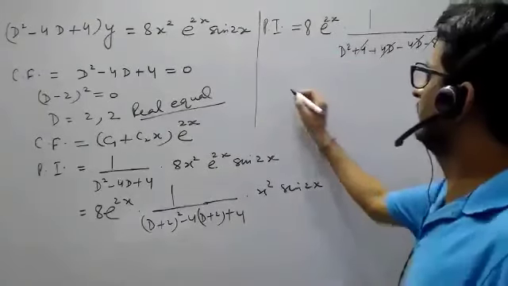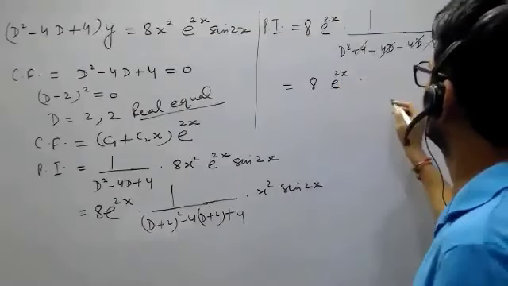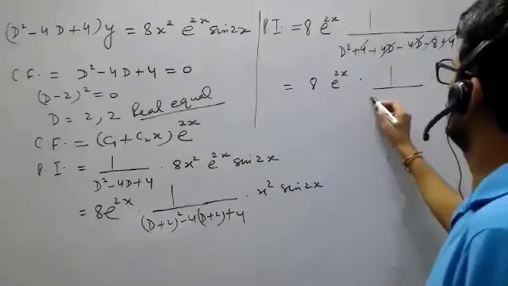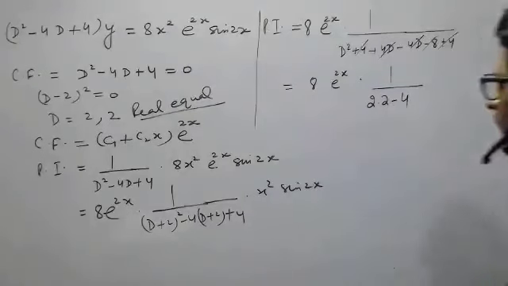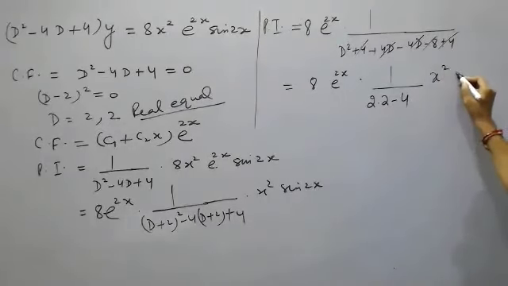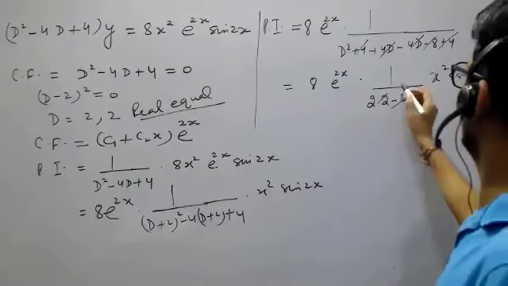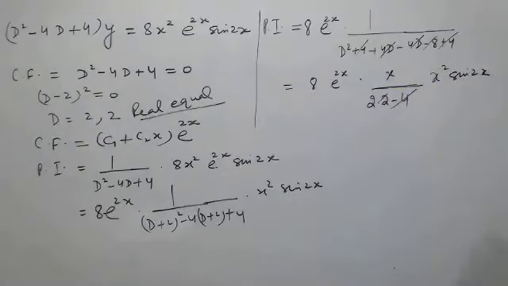So it will become 8 e to the power 2x into 1 upon 2 times 2 minus 4 into x square sine 2x. But this time again it is becoming 0. Sir, only D square is remaining in the denominator. x will be multiplied.